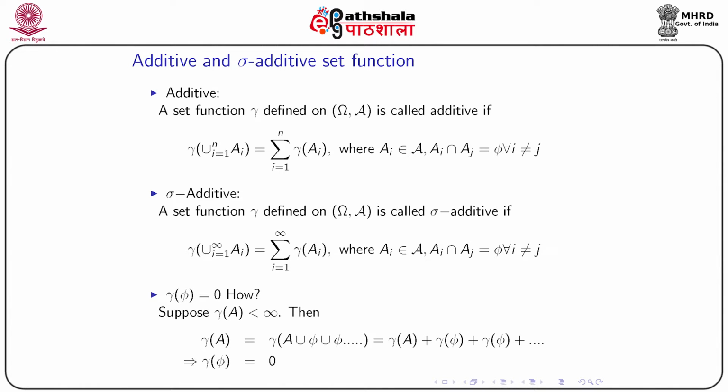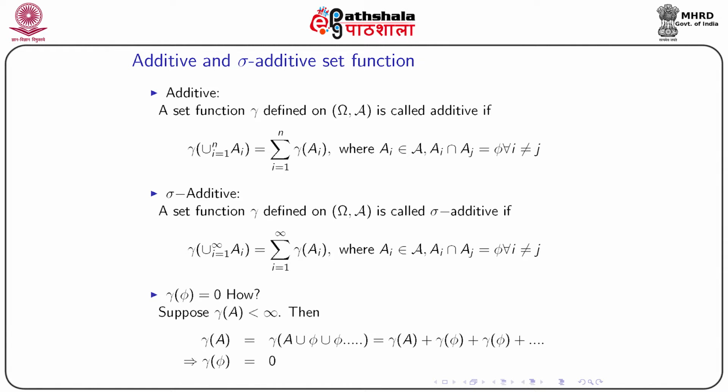So, by definition, a set function gamma defined on the same measurable space omega and script A, the class which consists of all the subsets of omega, we call sigma additive if gamma of the union over i from 1 to infinity of Ai is the sum over i from 1 to infinity of gamma Ai, where all the Ai's belong to the class script A and Ai intersection Aj is phi whenever i is not equal to j.